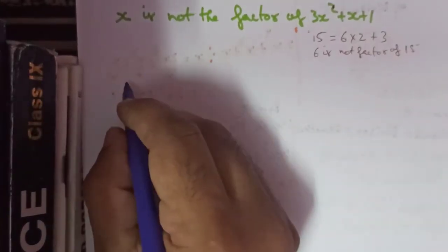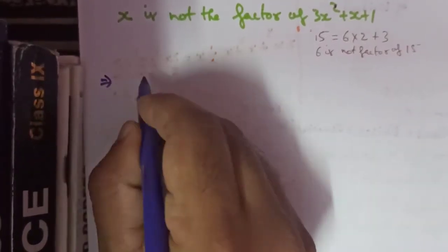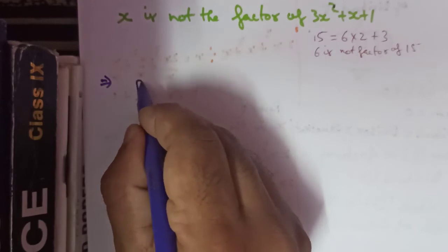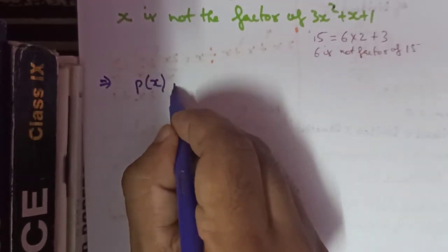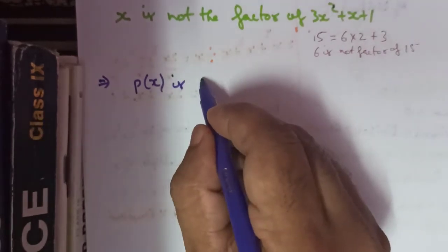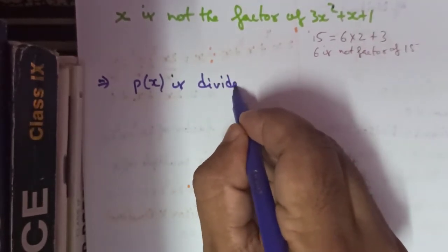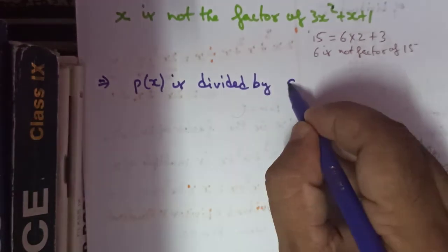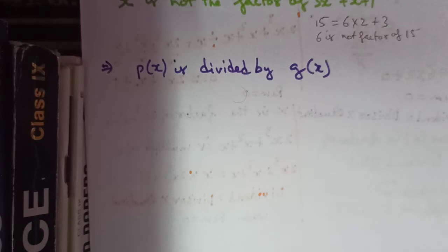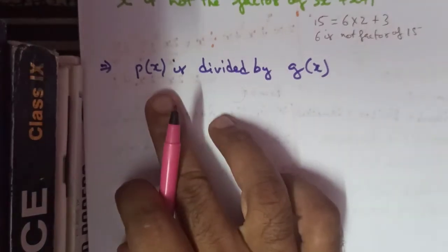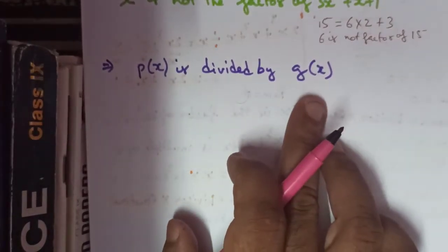Third point, in polynomials we say that if polynomial px is divided by another polynomial gx, then first point is that px is the dividend polynomial and gx is the divisor polynomial.